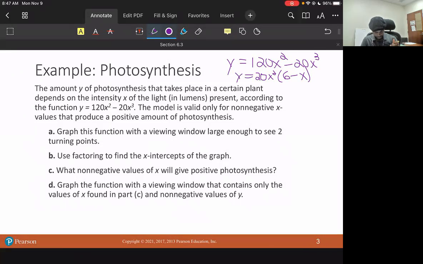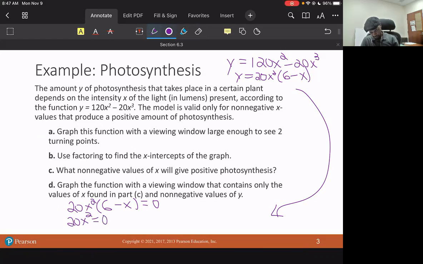Now we want to find the x-intercepts. So all we do is take 20x squared times 6 minus x, set it equal to 0. We're going to set each factor equal to 0. 20x squared equals 0 is just going to say x equals 0.